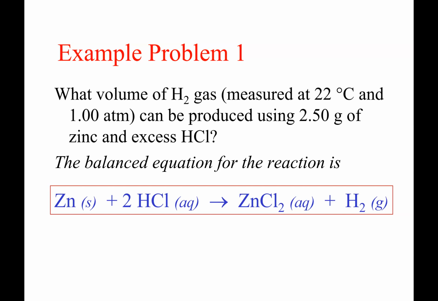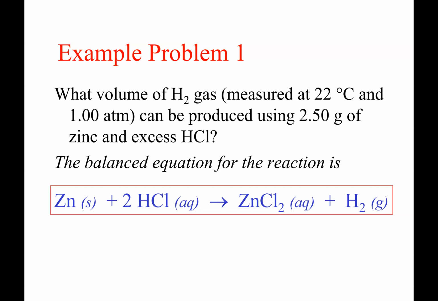Hydrogen gas can be produced by using 2.50 grams of zinc and excess HCl. So, when we do stoichiometric calculations, what do you know most about?